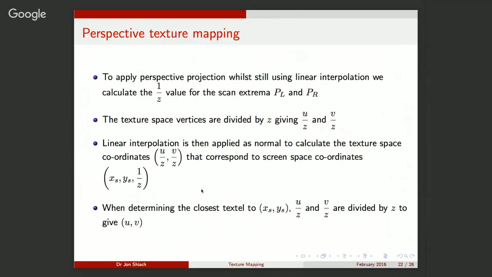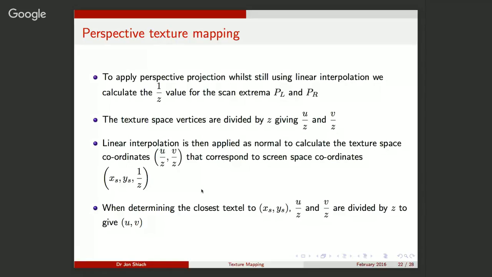So how does this link to texture mapping? To apply the perspective projection while still using linear interpolation, we calculate the 1 over z value for our scanning streamer.